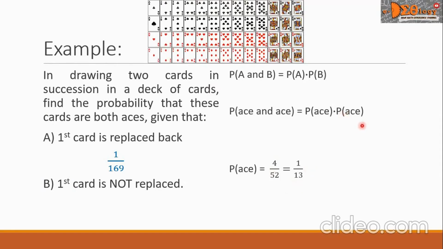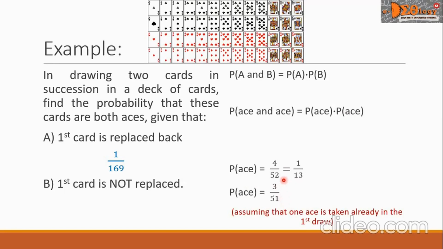For the second ace, since we are not replacing back the first card, we will have 3 over 51. We assume that 1 ace is taken in the first draw, so there will be 3 aces left in the deck of cards. And in the denominator, it will be 51.